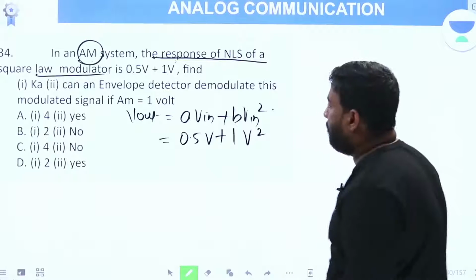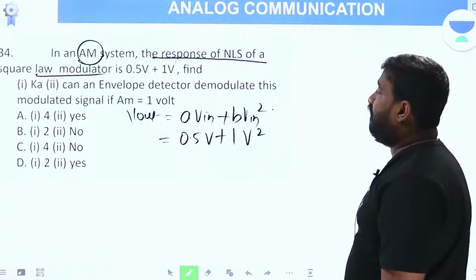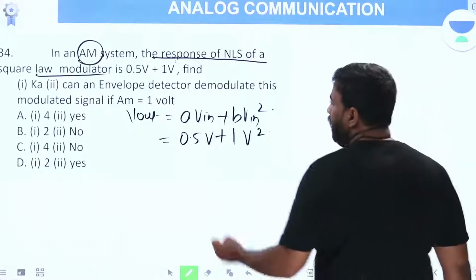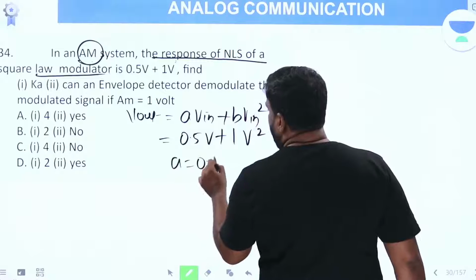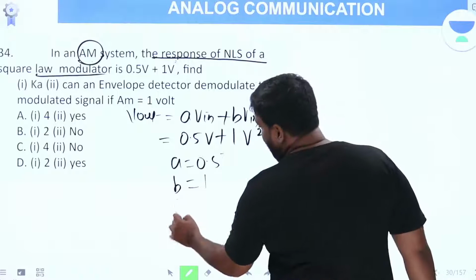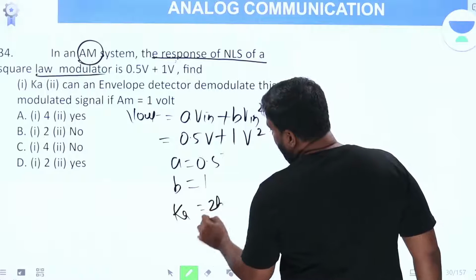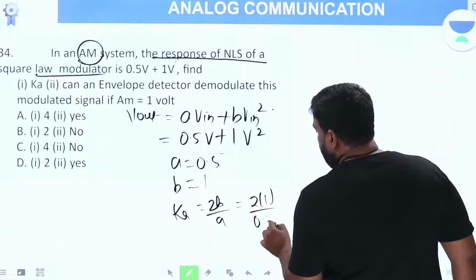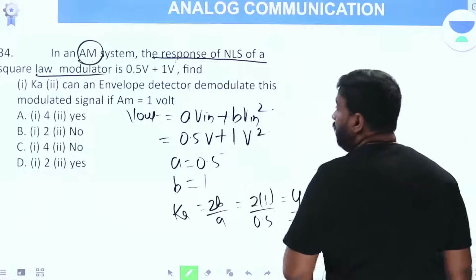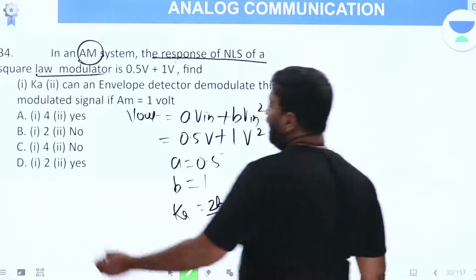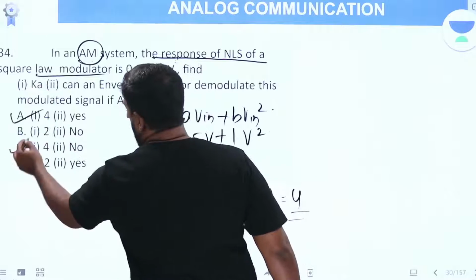Input is V. It is asking to find Ka, similar to the previous question up to Ka. So from this, identify A is 0.5, B is 1. Ka, the amplitude sensitivity of the modulator, is 2B by A. Ka is 4. Either A or C.